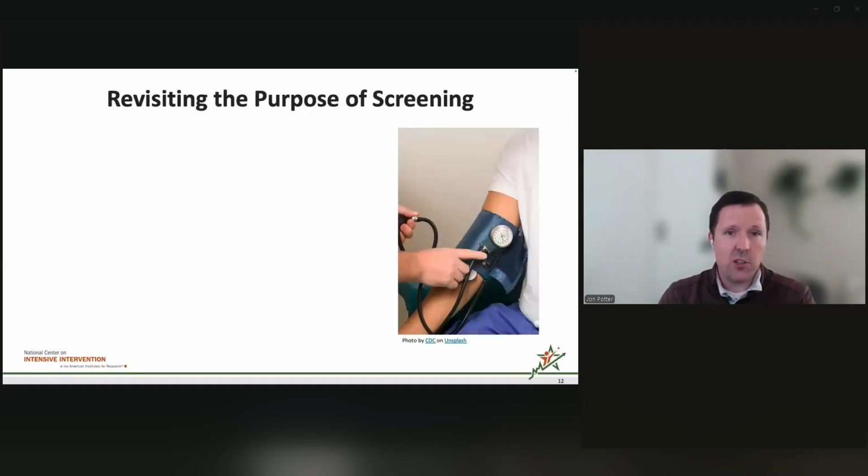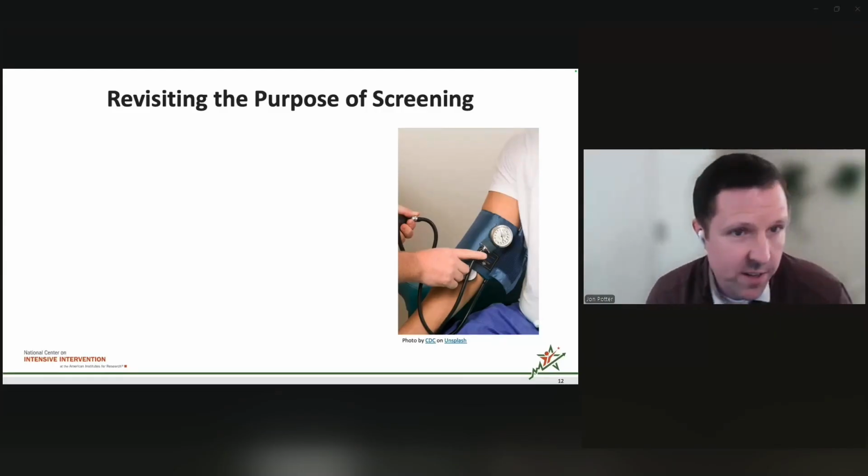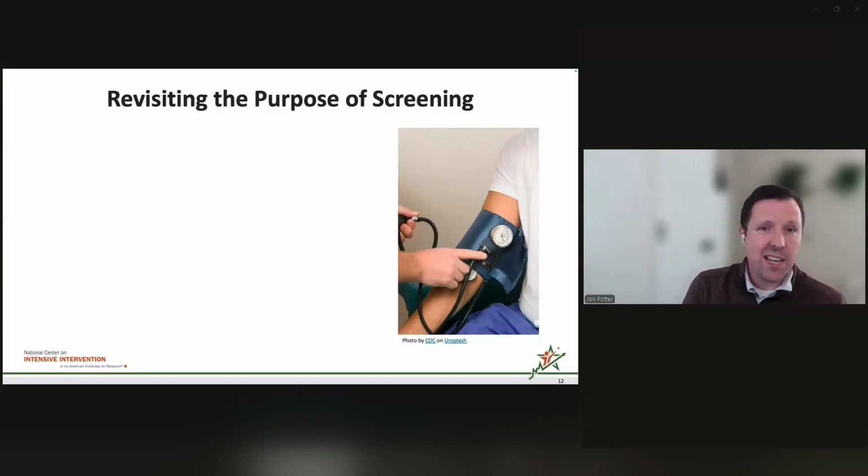And so, as we think about just that general purpose of screening, I use a lot of analogies when I present. So, if you've seen me present on screening before, I use the analogy oftentimes of a doctor's visit when we think about assessment in general. And so, screening is like your once a year annual physical checkup that we all should get. We aren't always good about getting that, but we should.